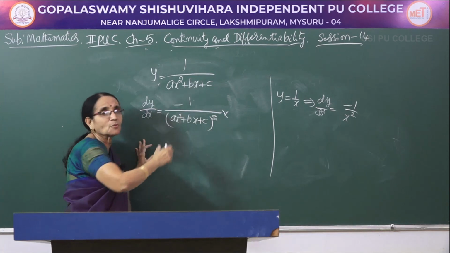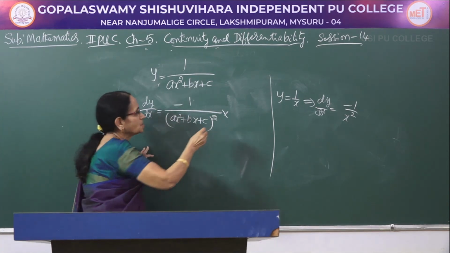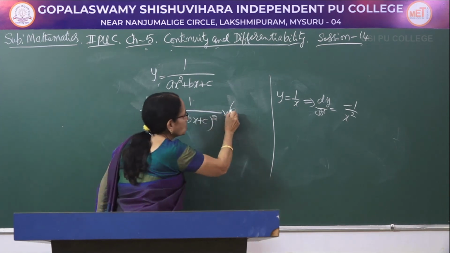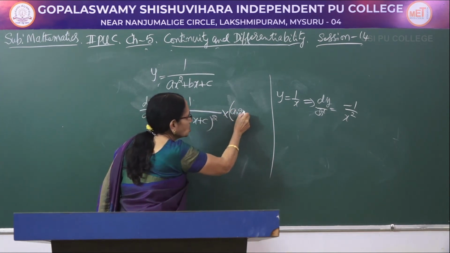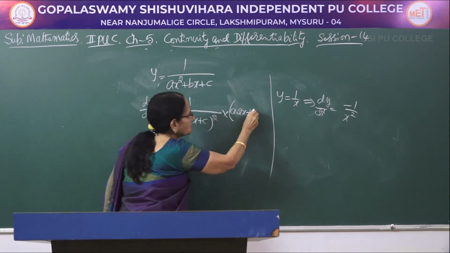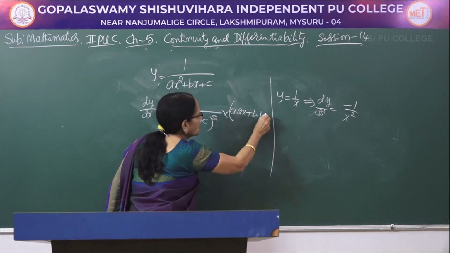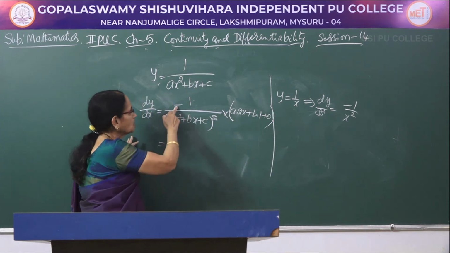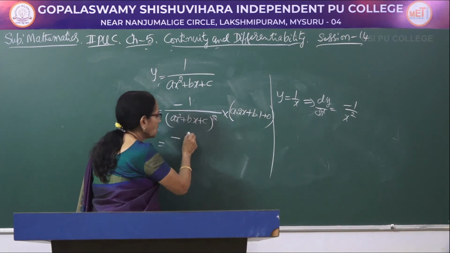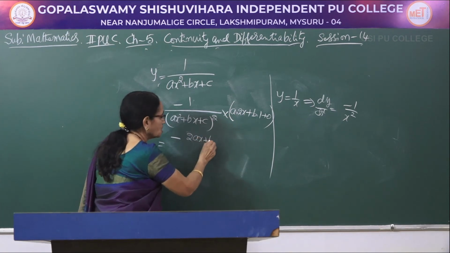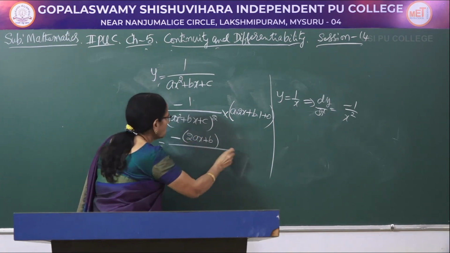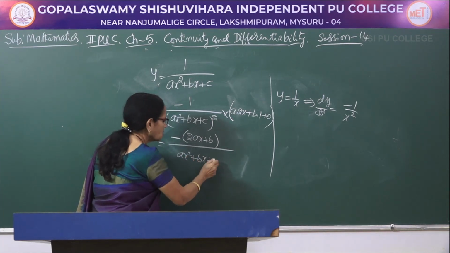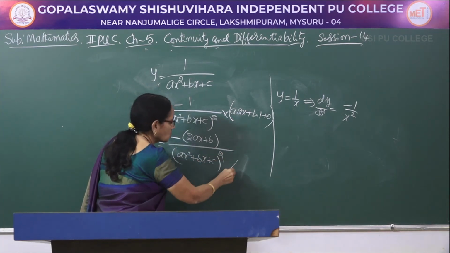Now, this being a function of x has to be differentiated. You write a into x square becomes 2x, plus b into x becomes 1, and c becomes 0. So, no simplification is possible: minus of 2ax, right inside the bracket plus b, whole thing divided by ax square plus bx plus c the whole square.